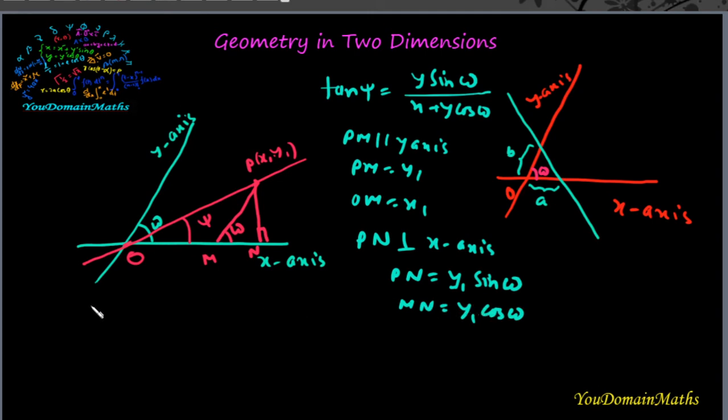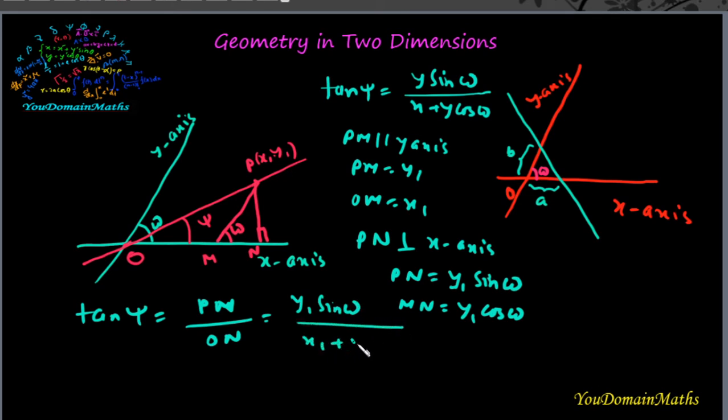So we can write tan phi equal to PN divided by ON from the right angle triangle PON, where PN is y1 sine omega and ON is x1 plus y1 cos omega.